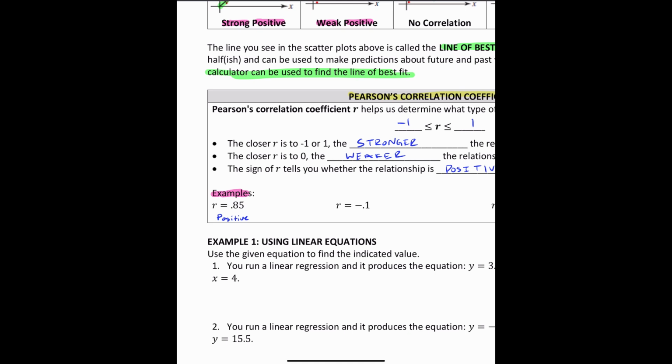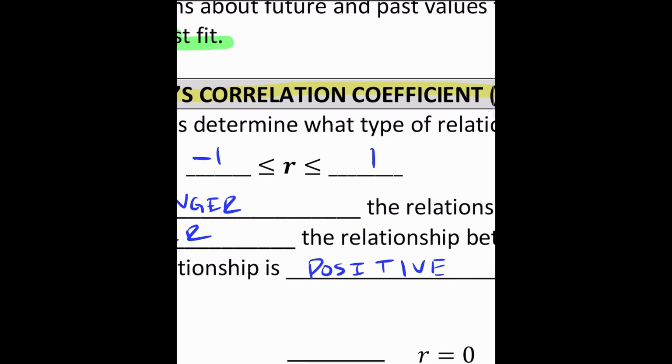So we can go ahead and say that this is not just positive, it's a strong positive. So I'll write strong positive because this value is positive and it's close to 1 in terms of this.